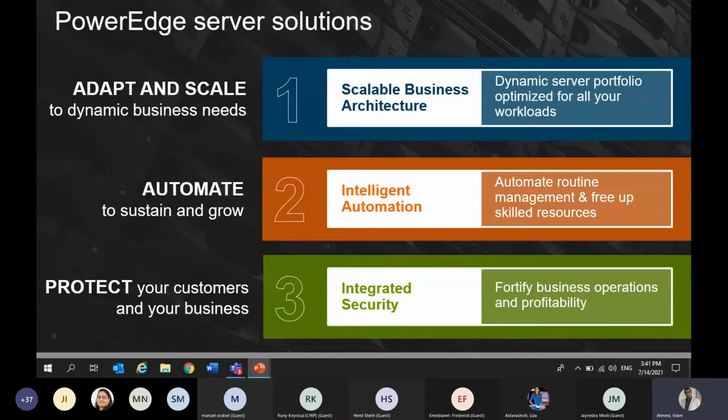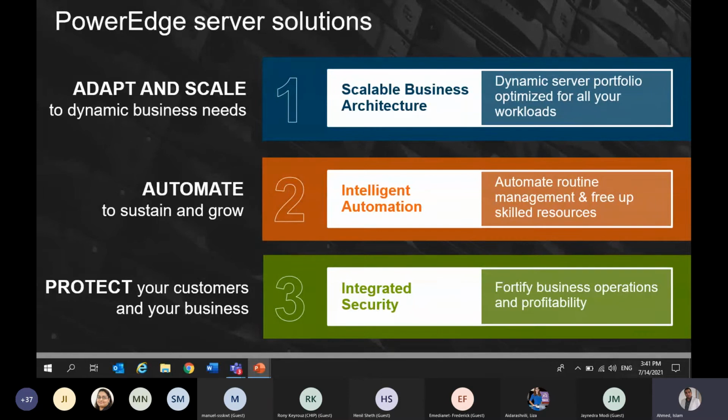So the second thing is automation. Automation means that I don't need manpower all the time to maintain, sustain, and fix my issues with the server. If I have automation, this will help to reduce the manpower dealing with the system.